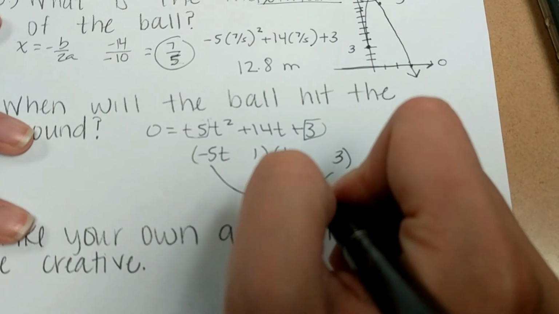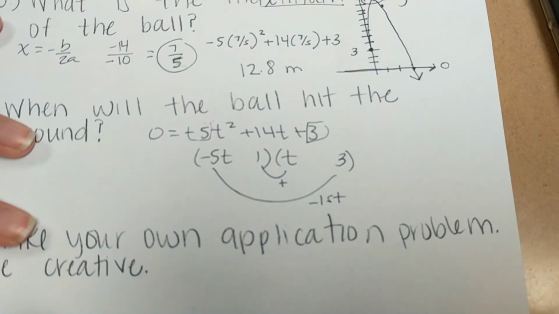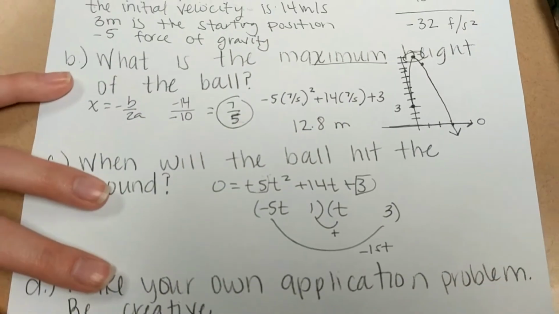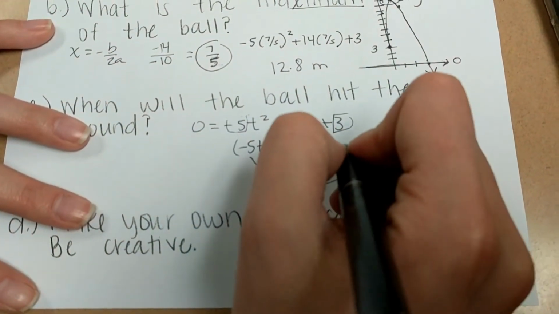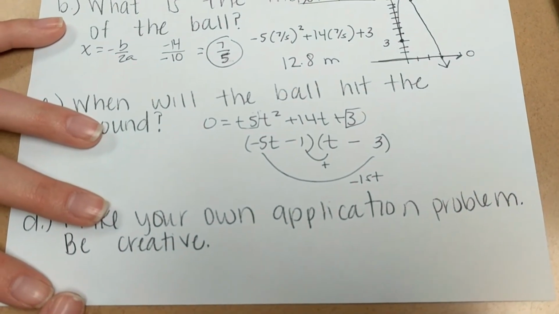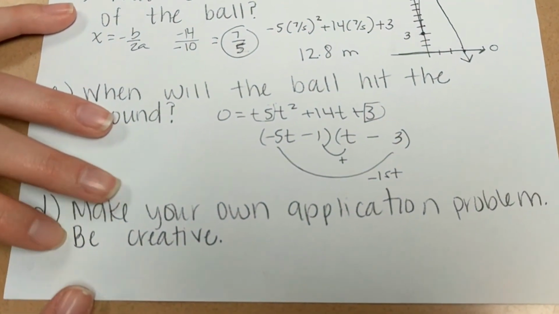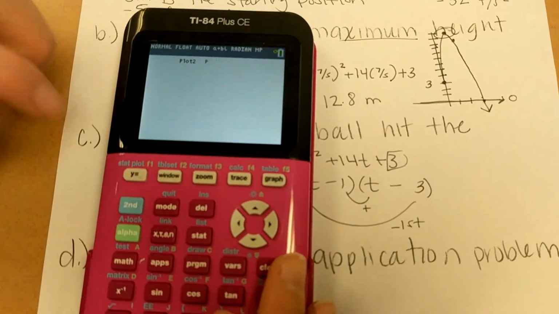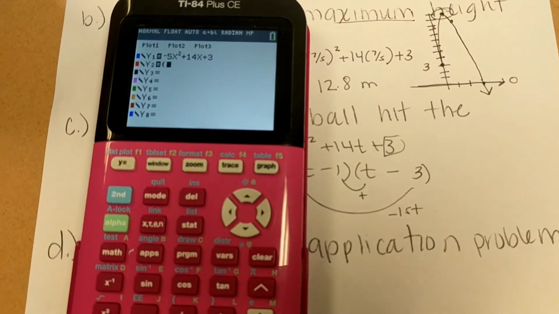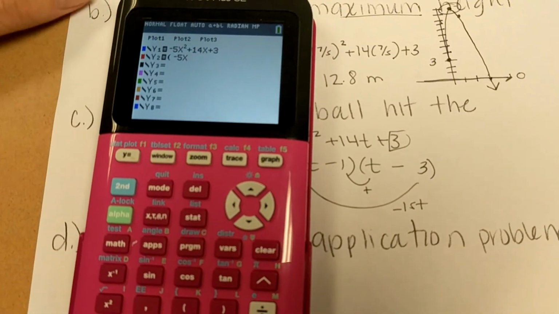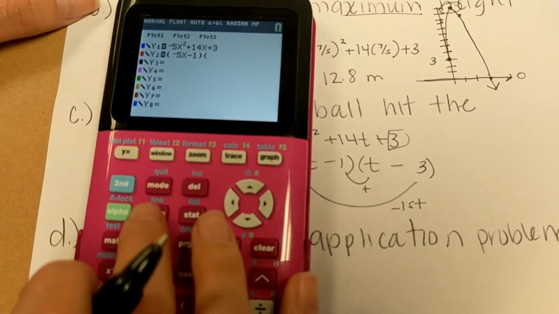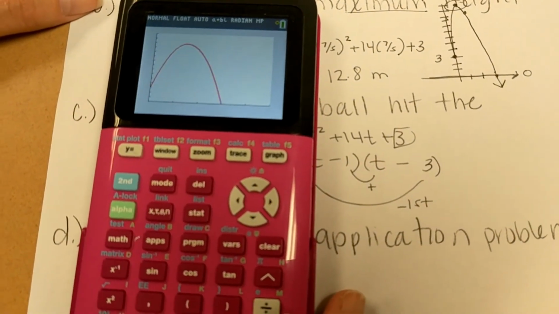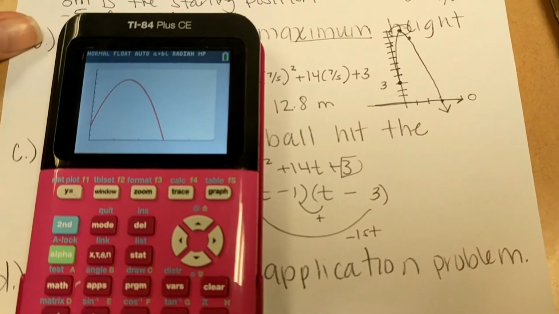This is going to add up to negative 15t. So if I want a plus 14, I'm going to make this negative and this negative. I can check and see if I'm right. If I check it, that's my original. Since it maps right over the other one, I know that I factored correctly.